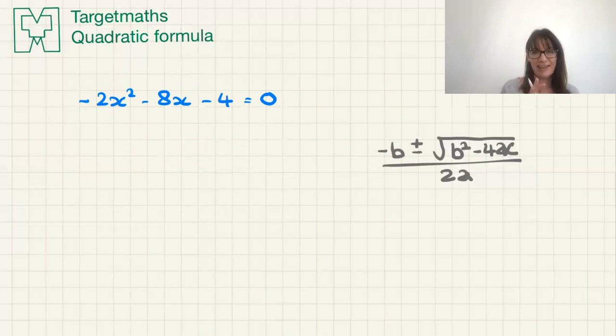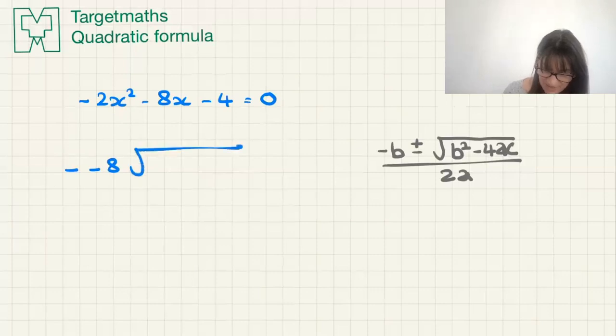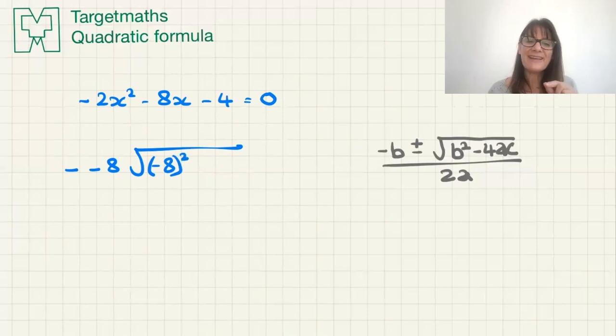Okay, so we're just taking our time. All right. I've got minus, and then B is -8. So I've got -8. Square root. Now, this is something to be really careful of. I want to do -8 squared. And if I don't do it like that, the calculator is going to produce the wrong number.